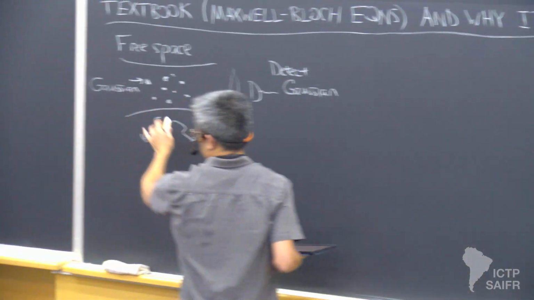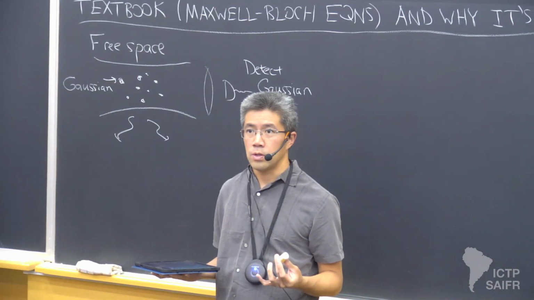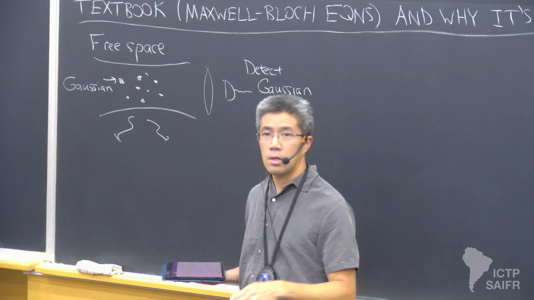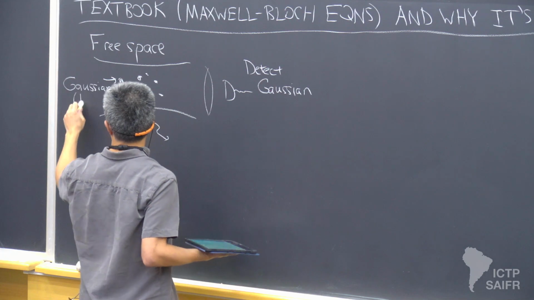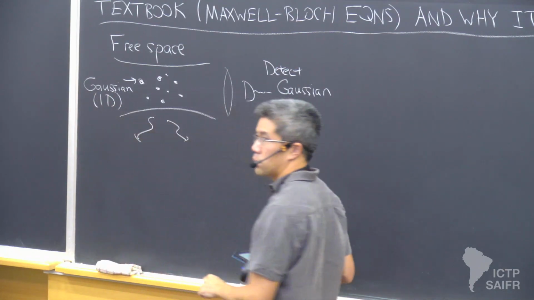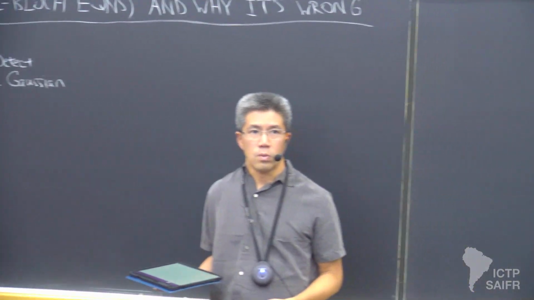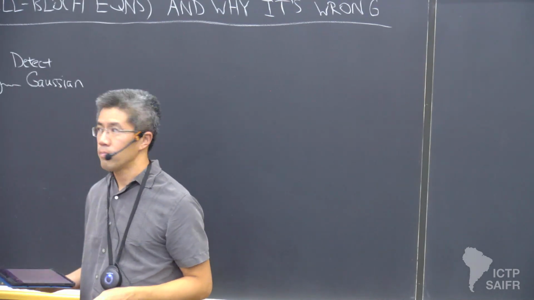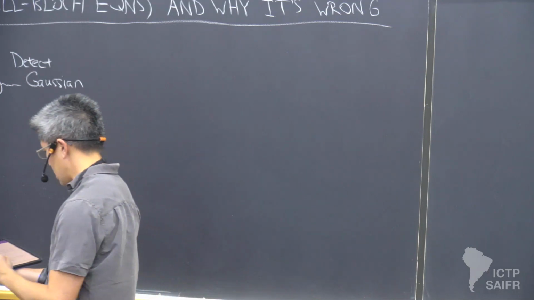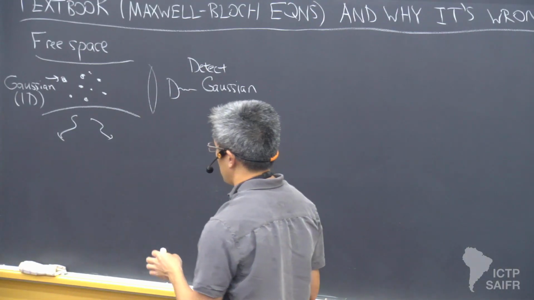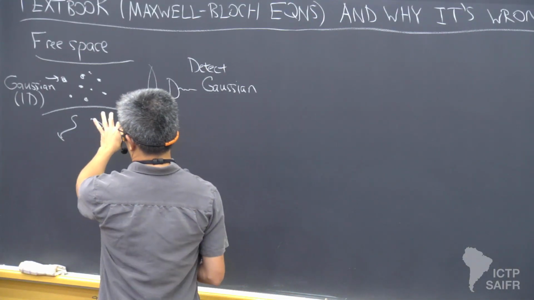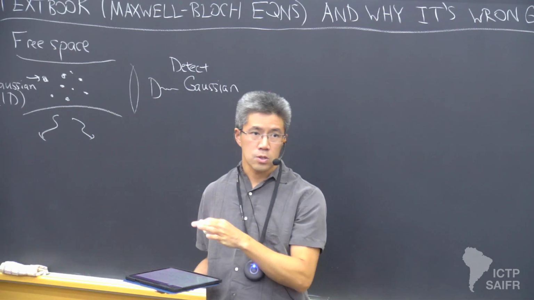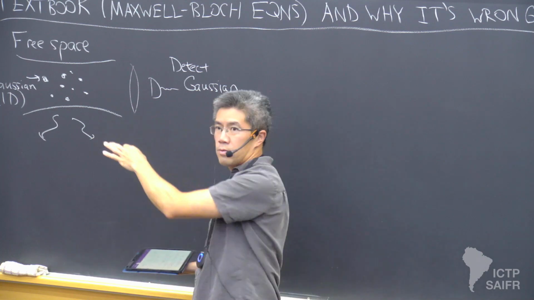So the thing about the Gaussian beam is it's a quasi one-dimensional field, right? You can write down a paraxial equation or a quasi one-dimensional equation. So this is a quasi 1D propagating mode, where the dimension is basically defined by the direction of propagation. And so then it turns out that basically the model that people wrote down, so the Hamiltonian that people wrote down for this Gaussian beam, is exactly that of the chiral waveguide.